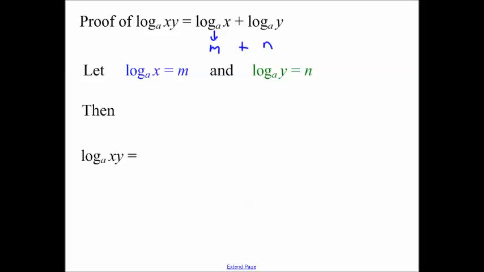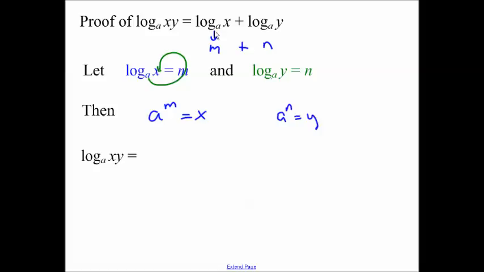So first of all, we're going to start with these two ideas, and we are going to say, well, if I know I have it in logarithmic form, I can then change it to exponential form by looping it. The base of my log to the m equals x.